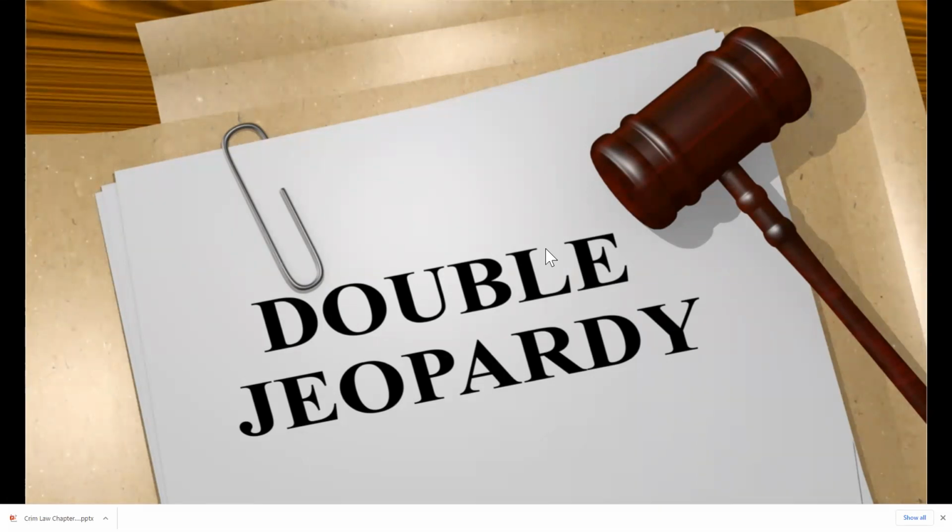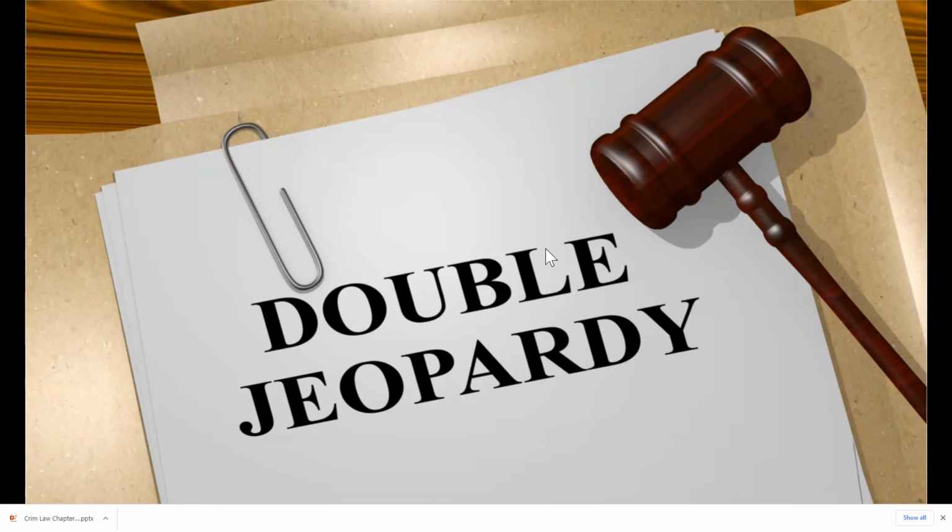And the answer to that is no. Double jeopardy did not apply because not only in that case, but when it comes to criminal law and civil law, double jeopardy does not apply, meaning both actions can happen.